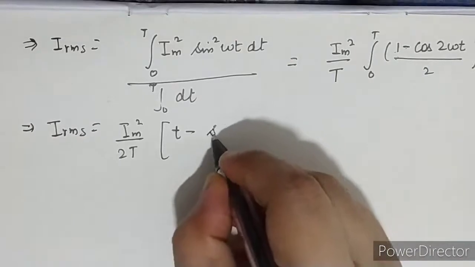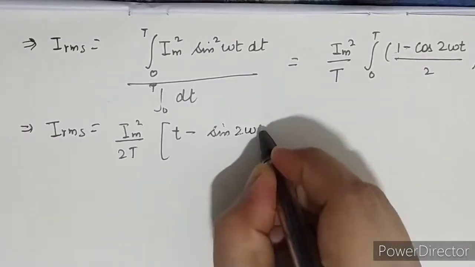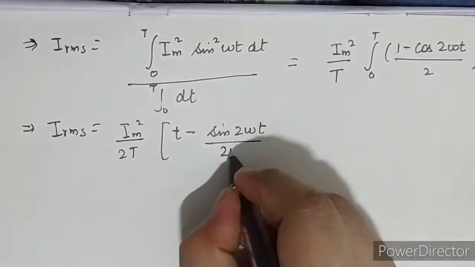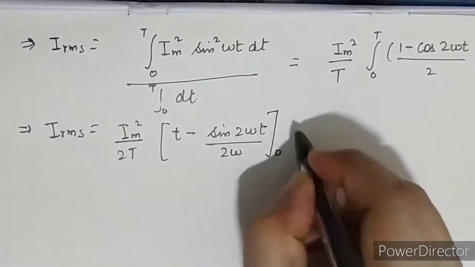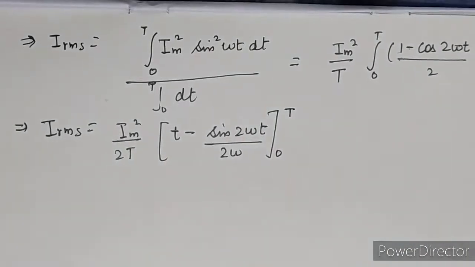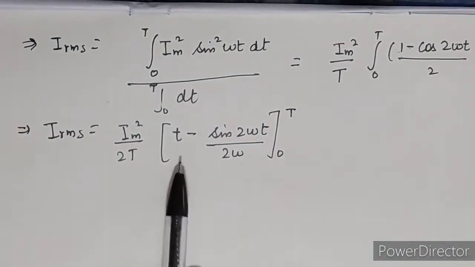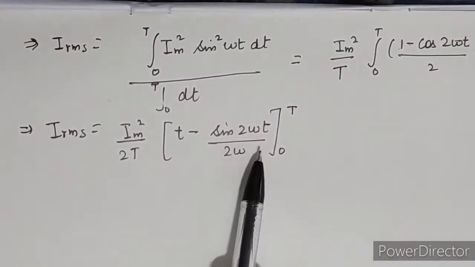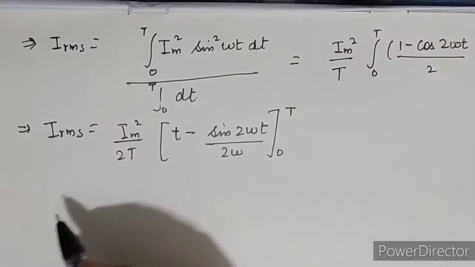So sin 2 omega t, and 2 omega is a constant, so it is in the form of a divisor. The limit is 0 to T. We have to put the limit firstly in place of t minus 0, then in sin 2 omega t.